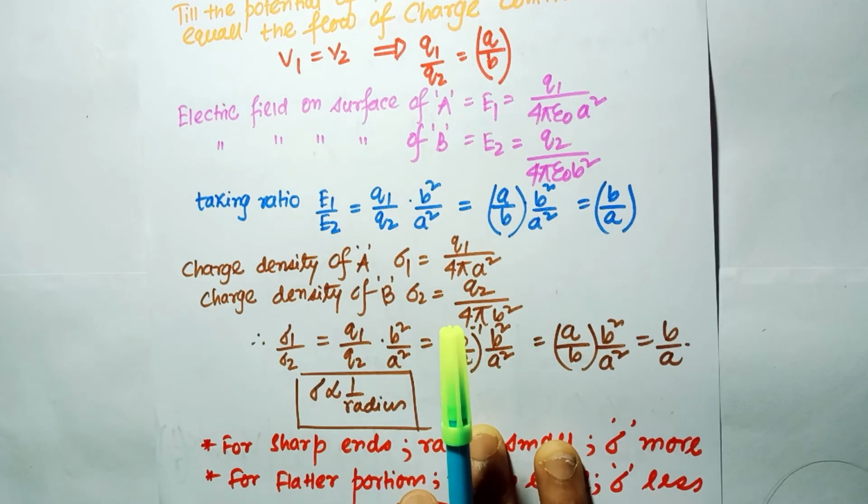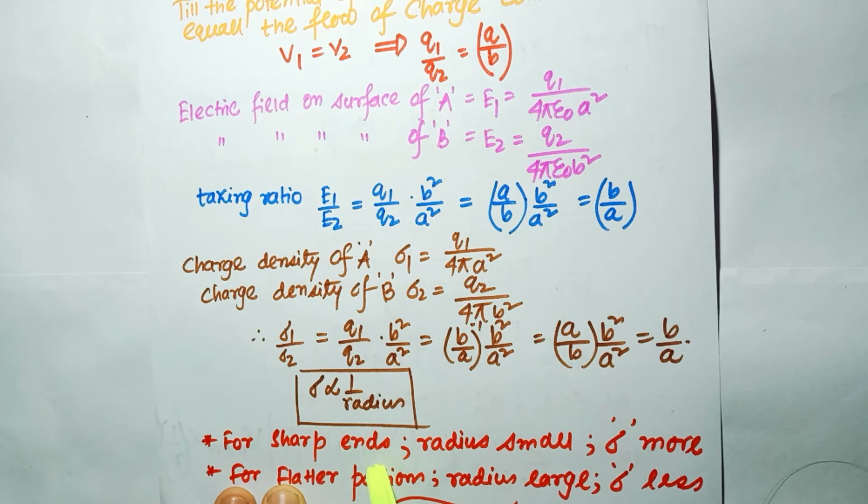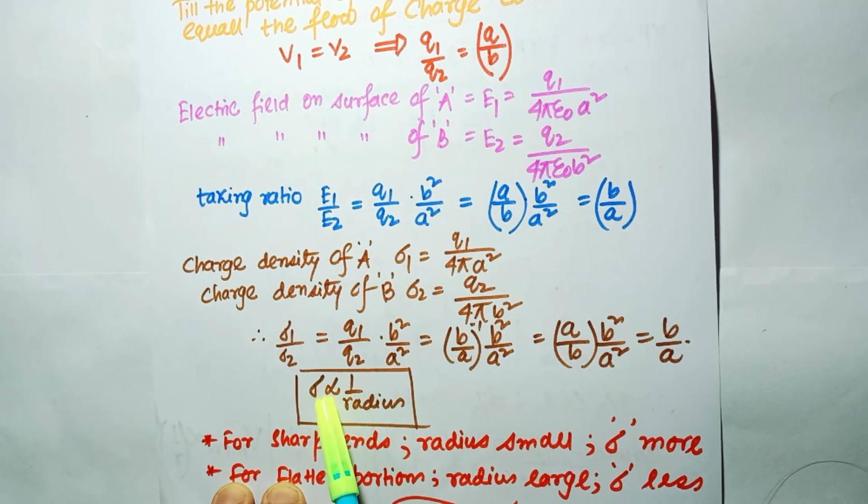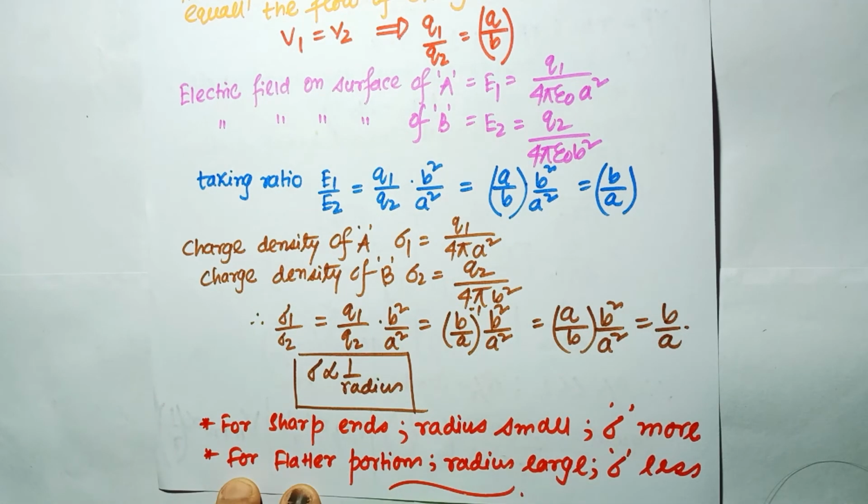Now for the sharp end of a conductor, we can assume that the radius is very small and sigma is more. Because if the radius is small, sigma gets higher. So the charge will accumulate at the sharp end. For the flatter portion, the radius of curvature is very large, so sigma gets lower.